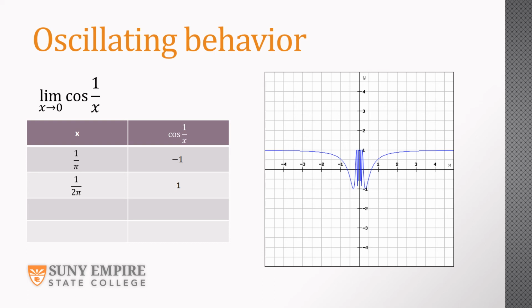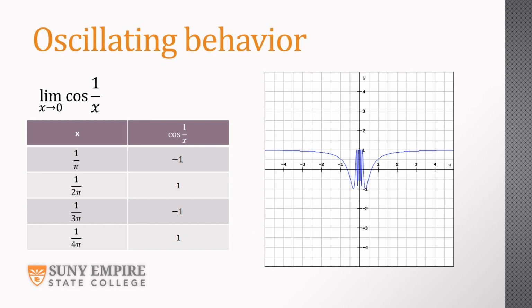This is the cosine of 2 pi, which equals positive 1. And when we get closer, if we plug in 1 over 3 pi, we have a function value of negative 1. And closer still, when we plug in 1 over 4 pi, the function is equal to positive 1 again.